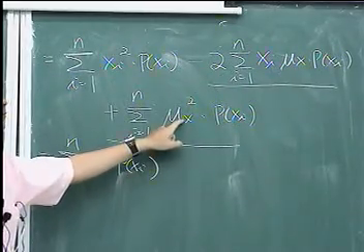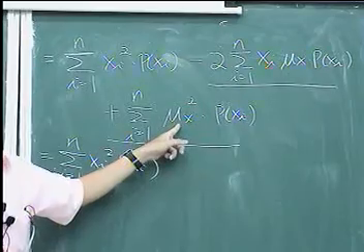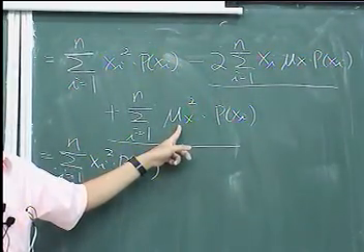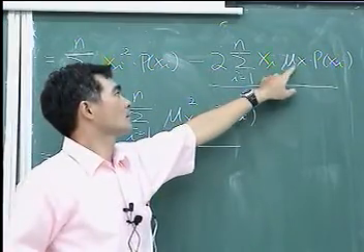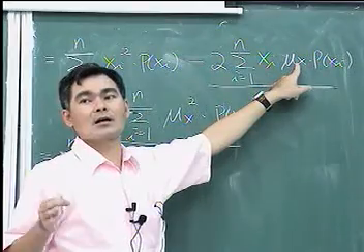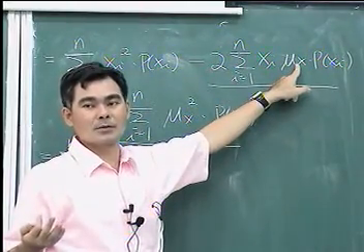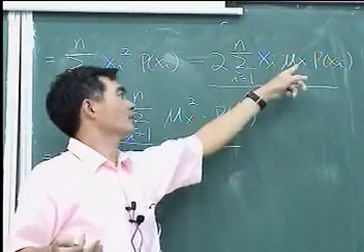So is it related to i? If i changes, will mu x change? No, so because of that, we can get this out. The same thing here, because mu x is a constant. You already know what the number is, it's a mean. So you can factor this out, you can move it out.